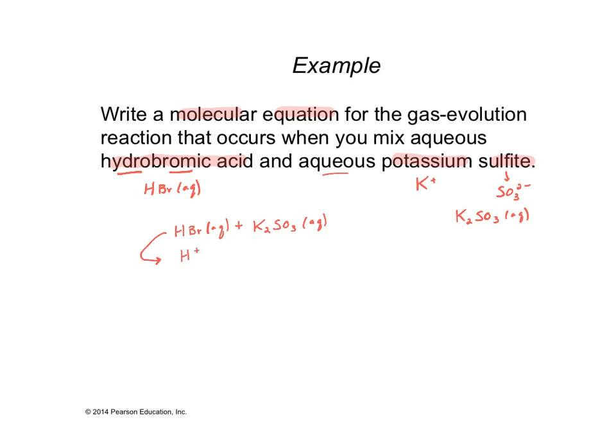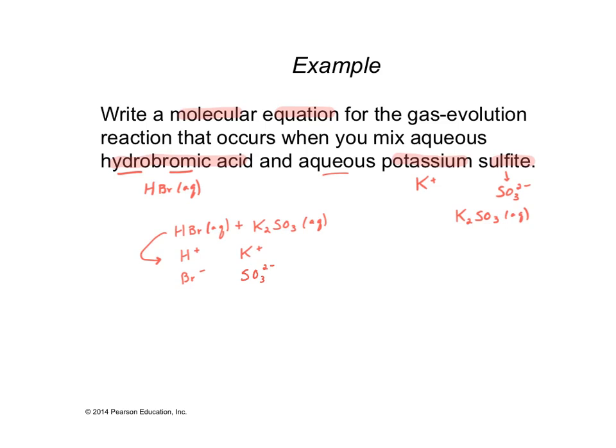I'm going to break my 2 reactants down into their component ions. So I've got H plus and Br minus. I've got K plus. And then remember, sulfite is a polyatomic ion, so those guys stay together, right? I'm not going to break the S and the oxygen down because sulfite is just its own little thing, floating around together as a unit.